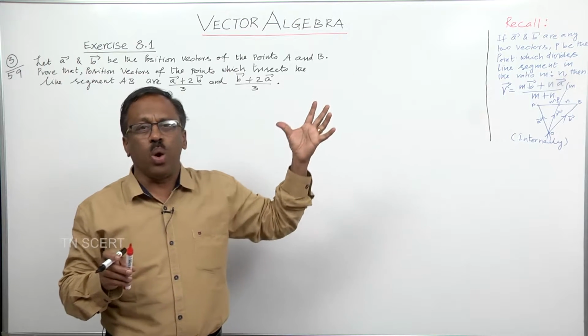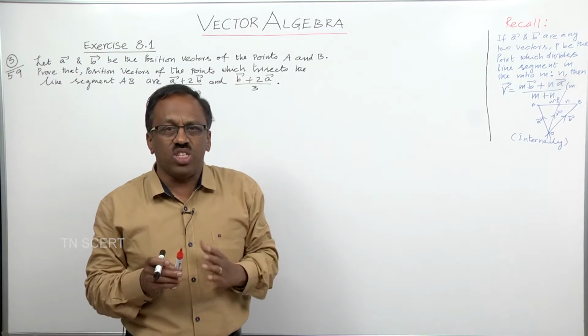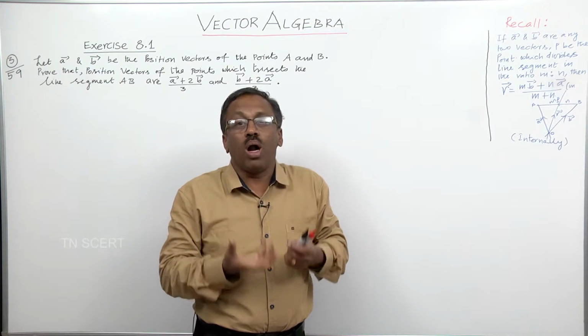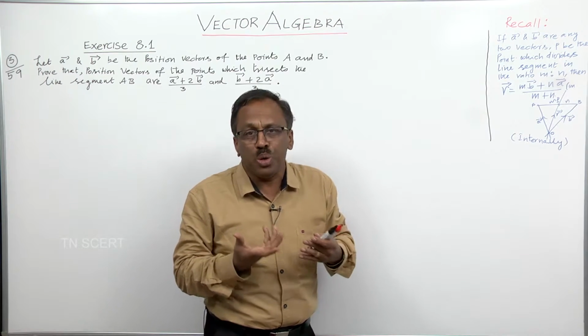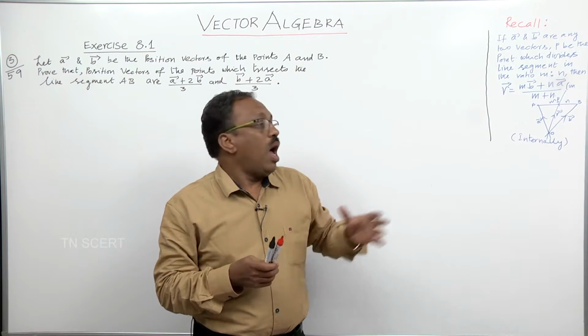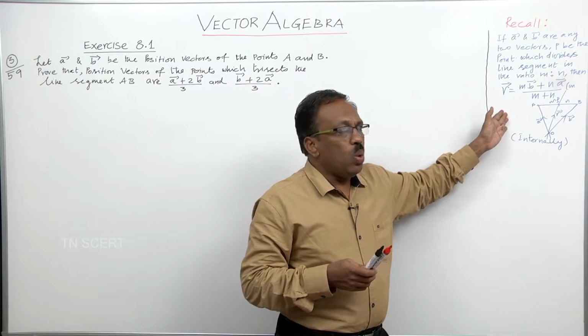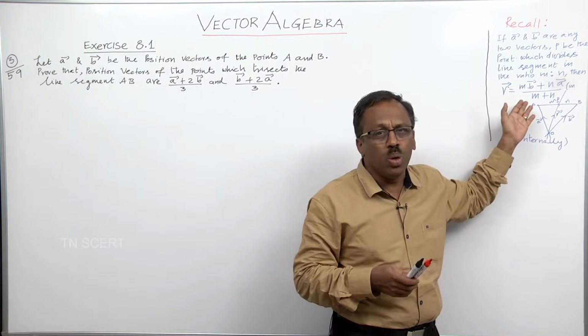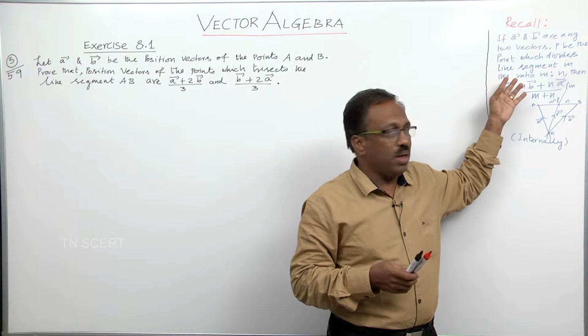These two results we are going to prove, for which we should know certain basics. The basic is a line segment which is divided internally. This is the very fundamental rule that I am going to apply.